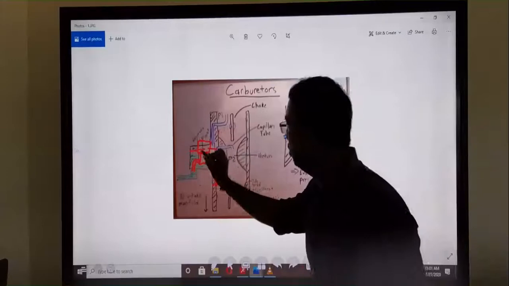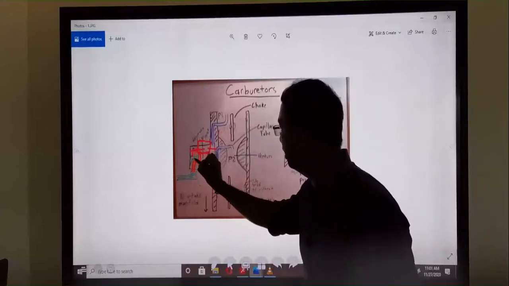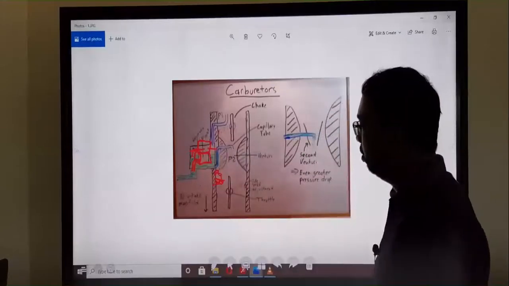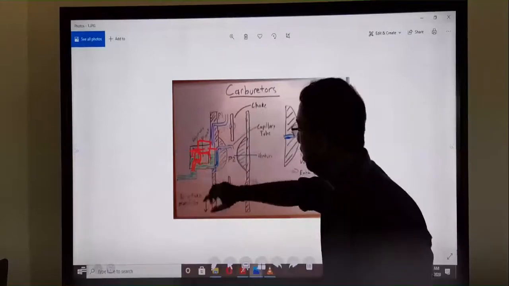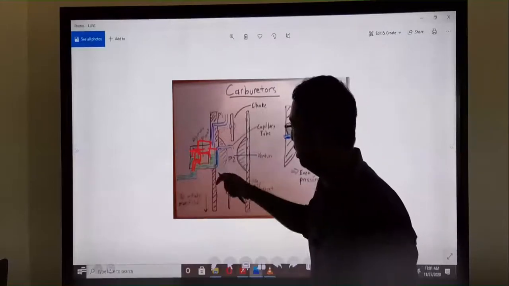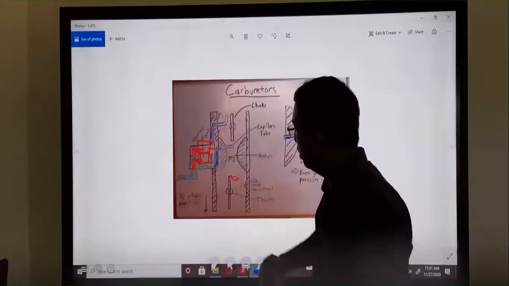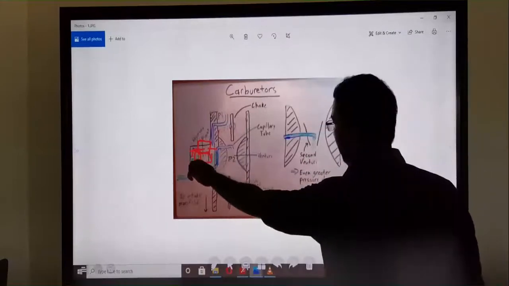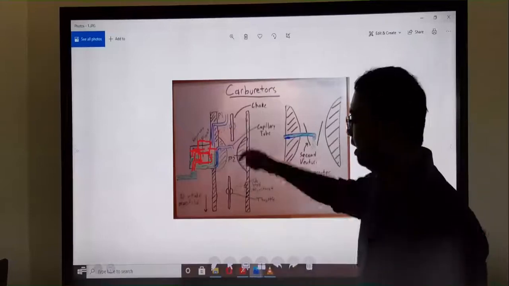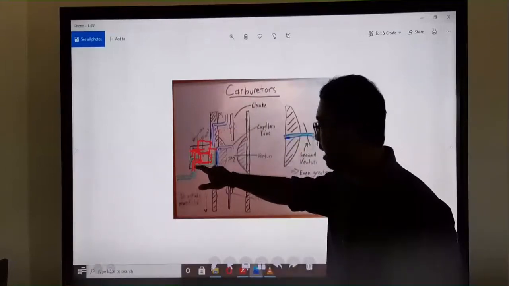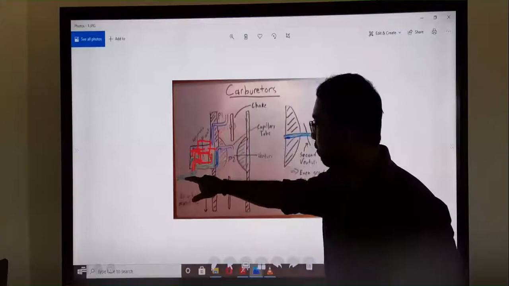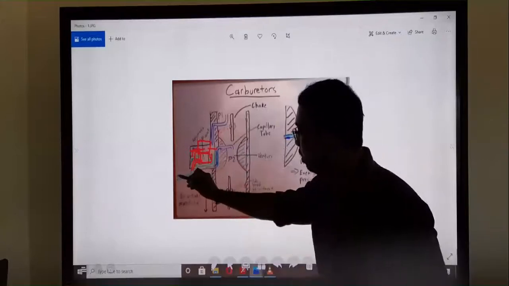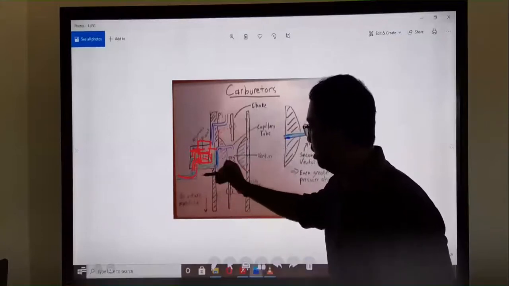If it goes upward, there is no connection between this pipe and the floater. If the fuel level is reduced, the floater comes downwards, so the connection is complete and the fuel comes through like this.